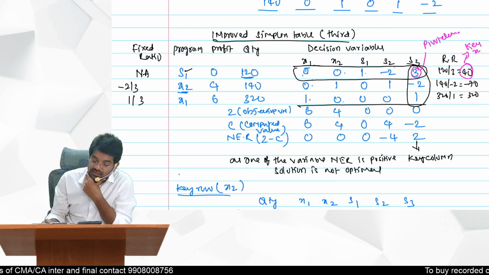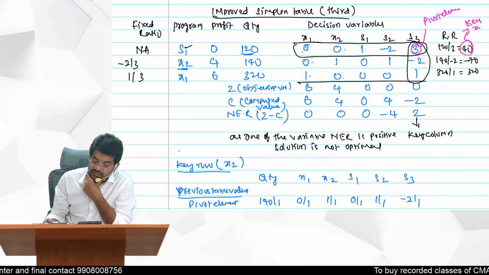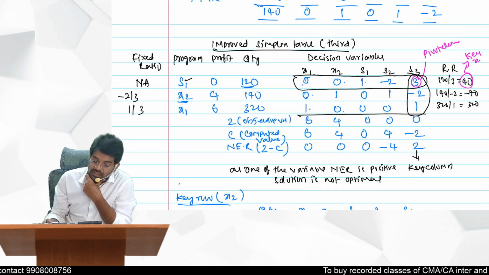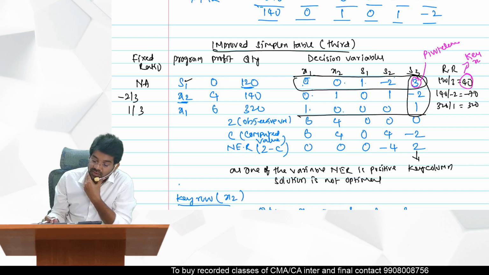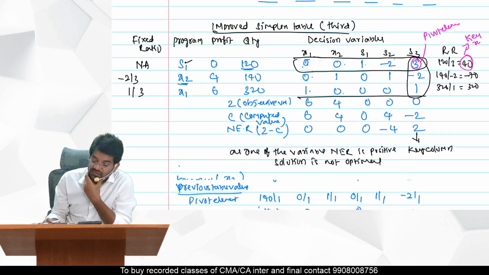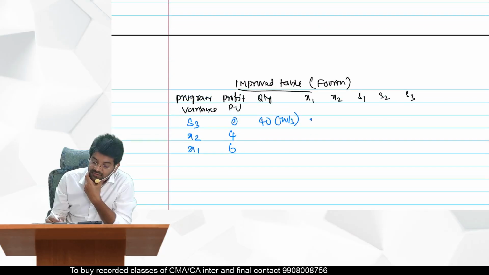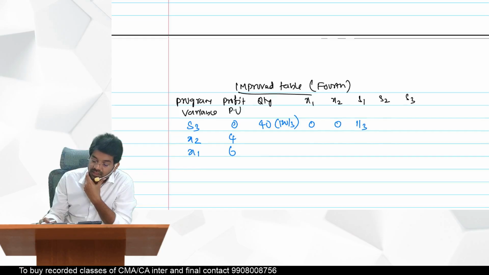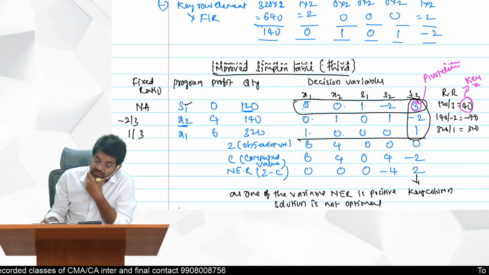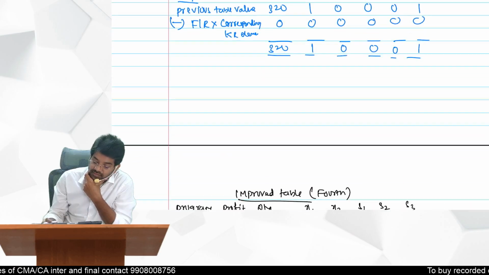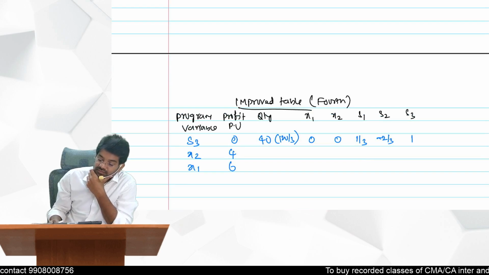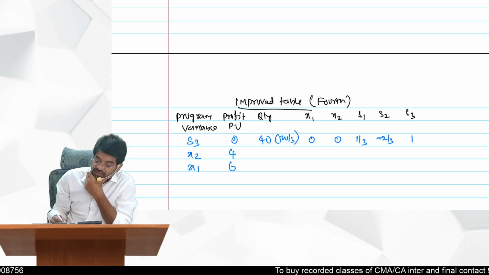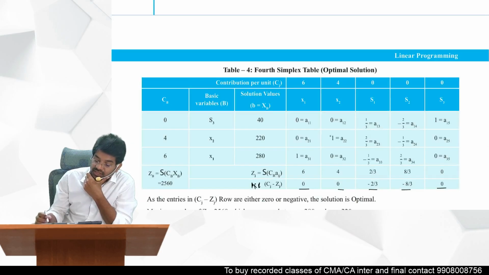So 0 divided by 3 is 0, 0, 1 by 3, minus 2 by 3, and 3 by 3 is 1. You can see the same here: 0, 0, 1 by 3, minus 2 by 3, 1.